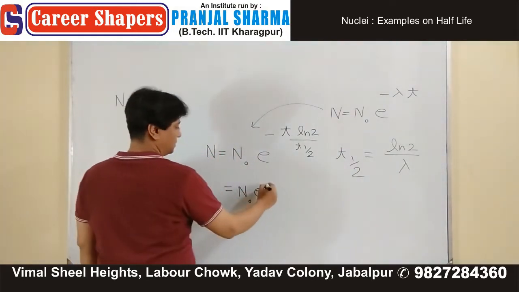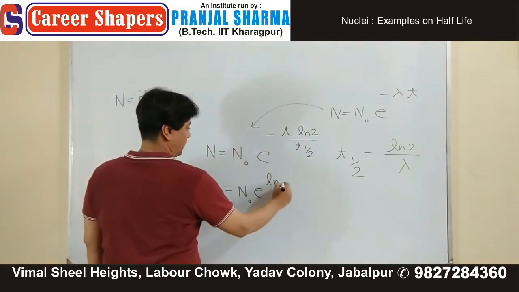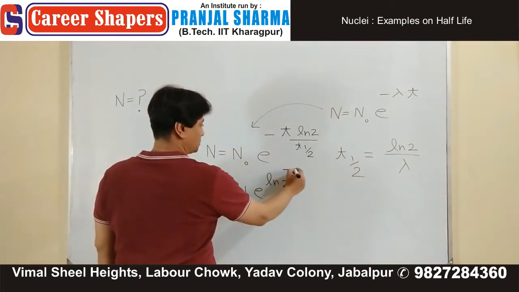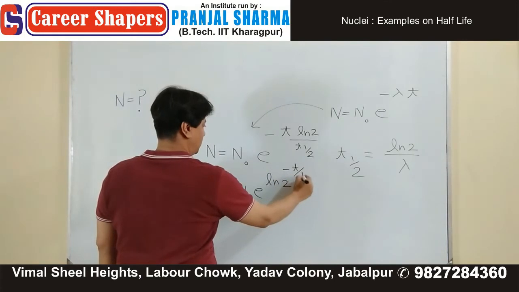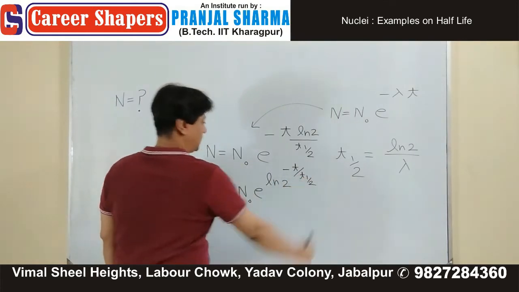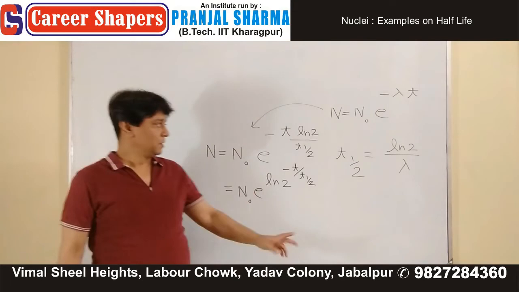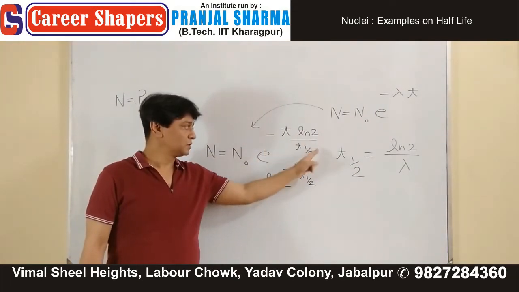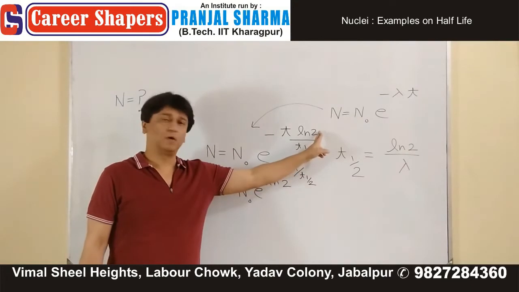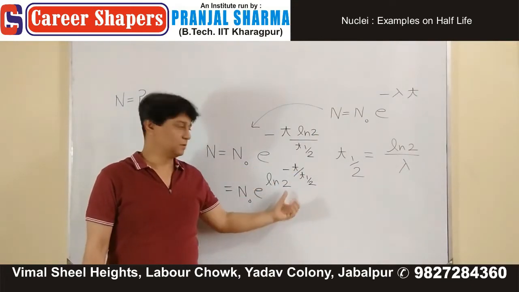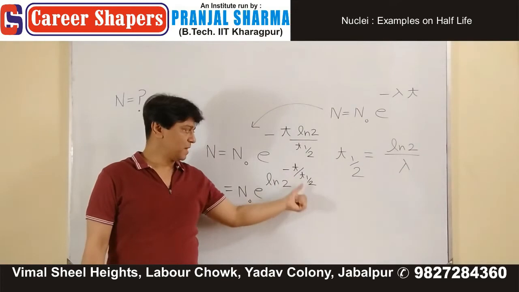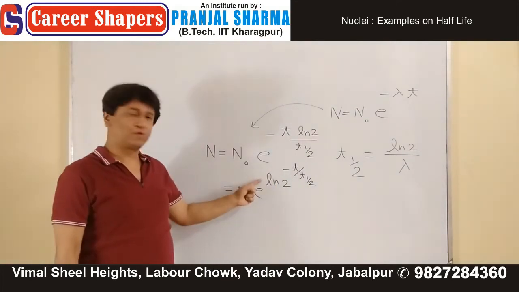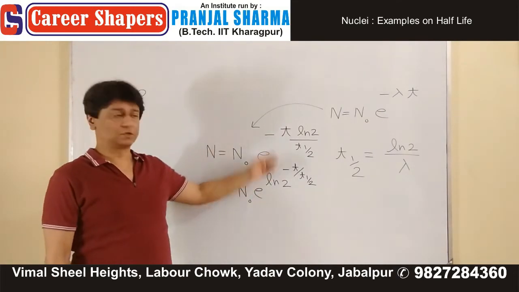This is ln2 to the power minus of t upon t half. Property of log: you can convert this whole thing as power of 2. That's what we have done. 2 to the power minus t upon t half. You can bring this whole part in front as a coefficient, giving you this.